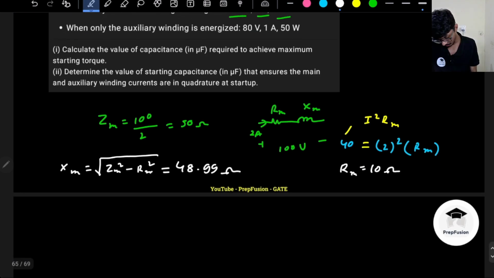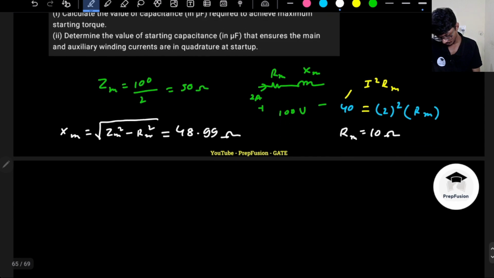Okay, so Rm I already know. So this is my Rm and Xm. So what is my theta m basically? Actually I could have easily found out theta m without all this, but okay, it's fine.